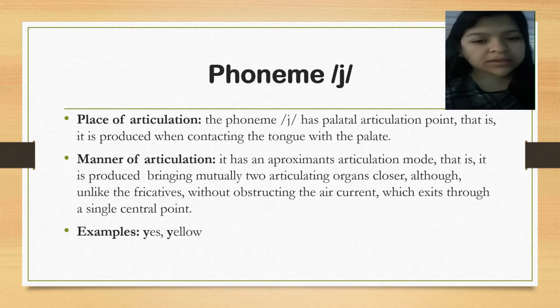Phoneme J. The phoneme J has a palatal articulation point, that is, it is produced when the tongue contacts the palate.